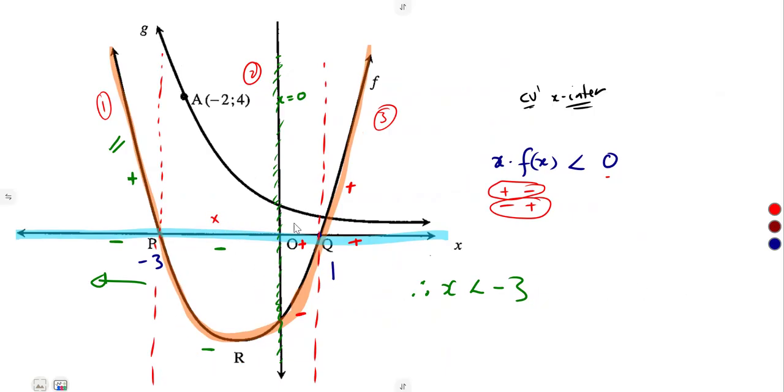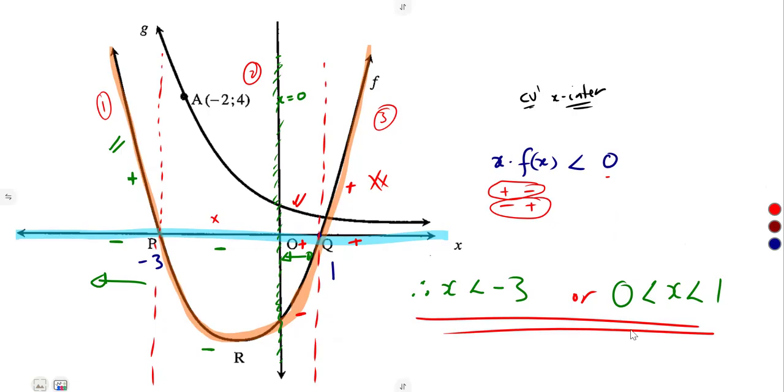From 0 to 1, the x values are positive and y is negative for the graph. So we also need this region from 0 to 1. That's another solution: x can be greater than 0 but less than 1. Then from 1, going this side, x is positive and y is positive, so we do not need this region. It is out. So this was going to be our solution.